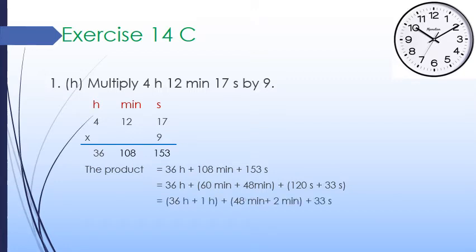Therefore, 36 hour plus 60 minutes is equal to 1 hour, plus 48 minutes plus 120 seconds is equal to 2 minutes plus 33 seconds. So now it is equal to 37 hour 50 minutes 33 seconds. So the product is equal to 37 hour 50 minutes 33 seconds.